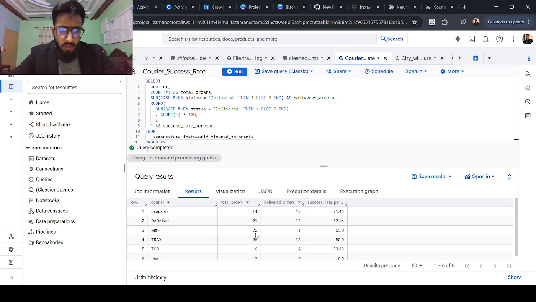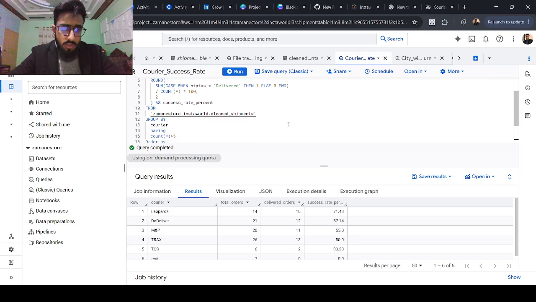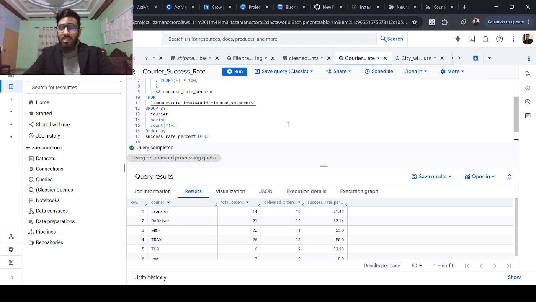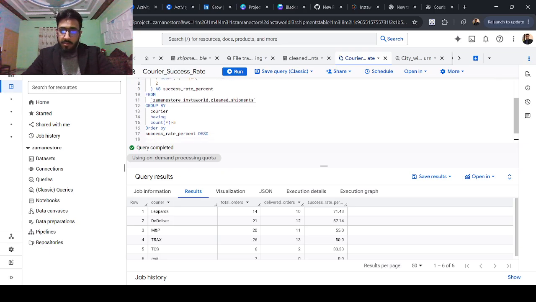So taking into account all of this information, we can calculate the success rate. So this was the query. I have shared all of the SQL queries in GitHub, so anyone who wants to examine those can get them from there.